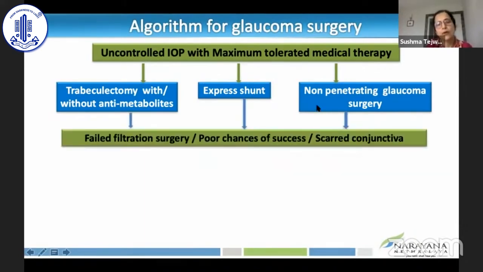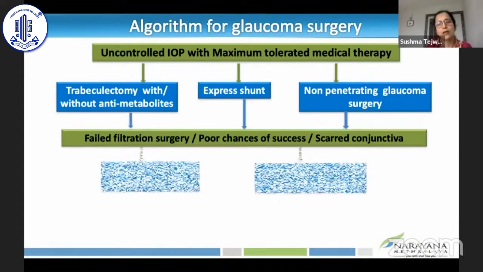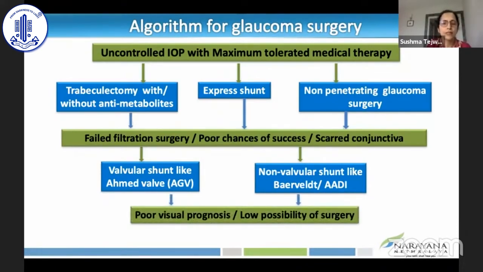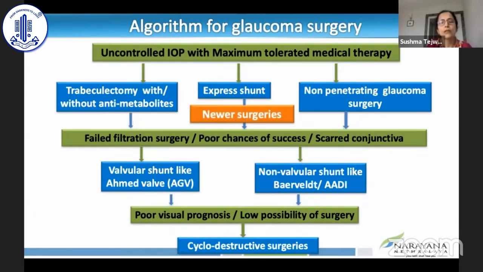And if it fails or there are poor chances of success or scarred conjunctiva, you go to shunts, whether valvular or non-valvular, depending upon the level of IOP control that you want. And if there is poor visual prognosis or low possibility of surgery, you choose the cyclo-destructive procedures. Newer surgeries, the angle surgeries, fall somewhere in between if you want to use them.